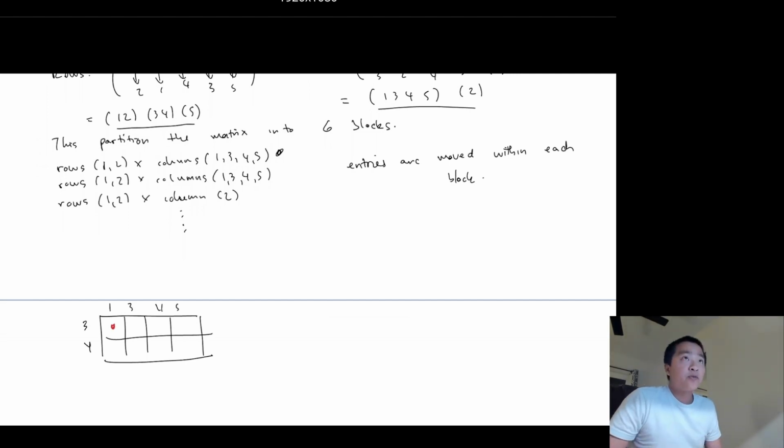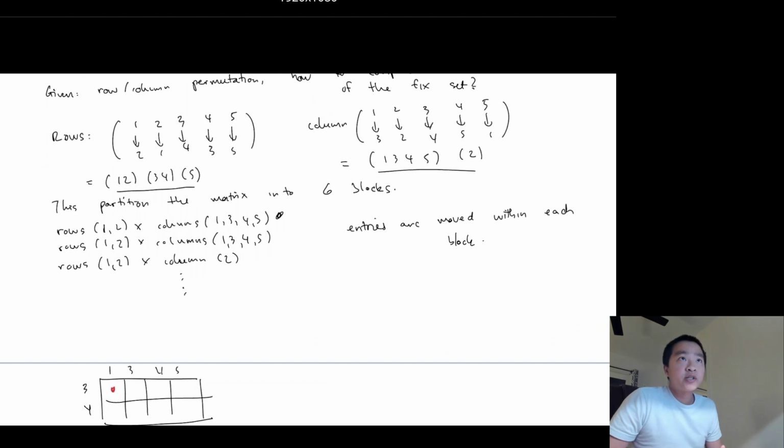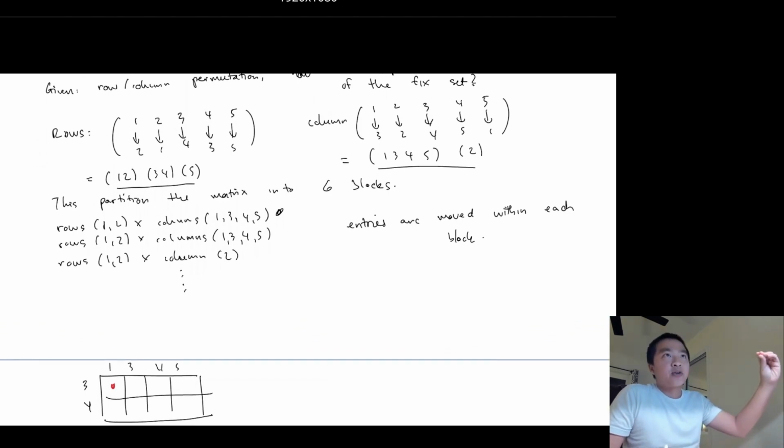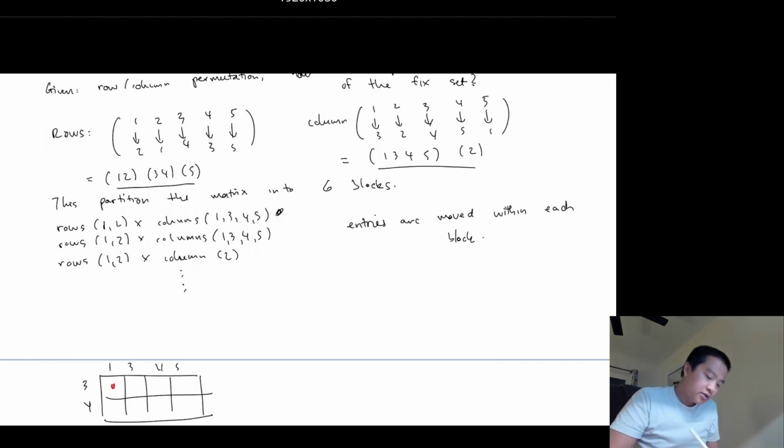What this permutation does is, you start at row 3, so you move to row 4. When you move to row 4, you apply the column exchange. So row 3 is swapped with row 4, and column 1 is swapped with column 3. So this entry will move right here.